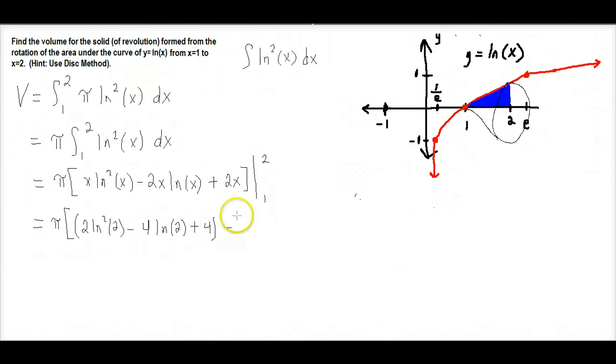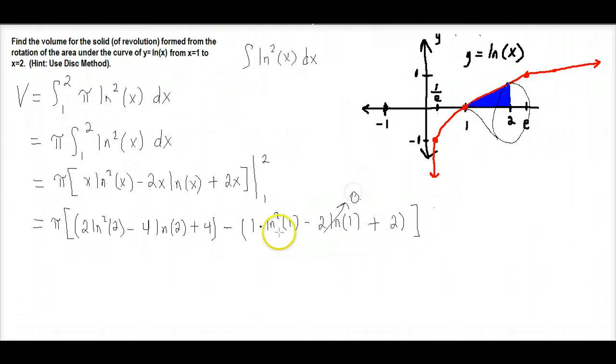All right, so now that we got that cleared, let's go in and evaluate this expression again at 1. So this is 1 times natural log squared of 1 minus 2 times 1 is 2, natural log of 1 plus 2 times 1 is 2. And so we notice here, we know that natural log of 1 is 0.